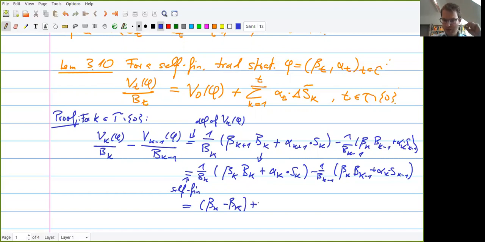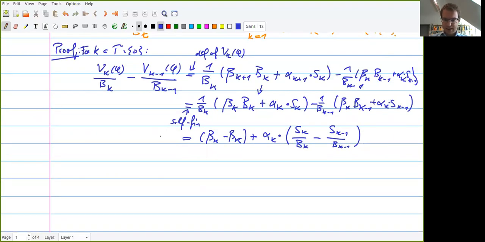And now we put together the things we have here in the risky asset. So there is an alpha k in both terms, so we can pull it out. Now we have the difference between S_k divided, so discounted, by B_k, and the same thing one period earlier, for S_{k-1} and B_{k-1}. Right.